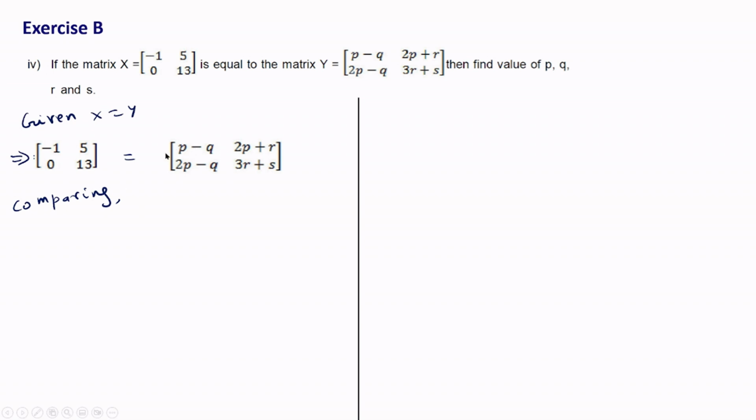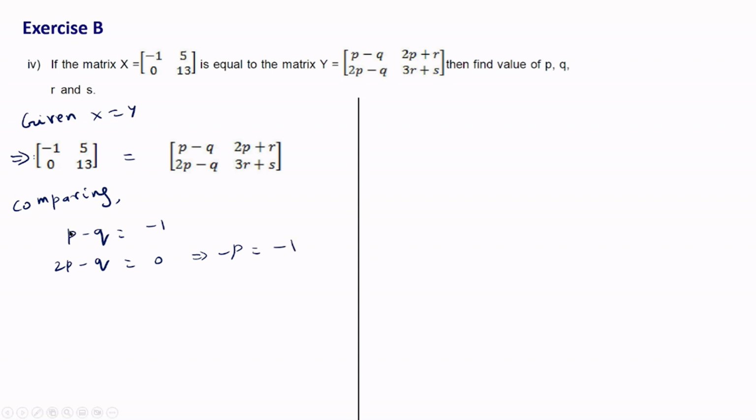Here we will have P minus Q equal to minus 1, and 2P minus Q equal to 0. Now if we subtract these two equations, we will get minus P equal to minus 1.